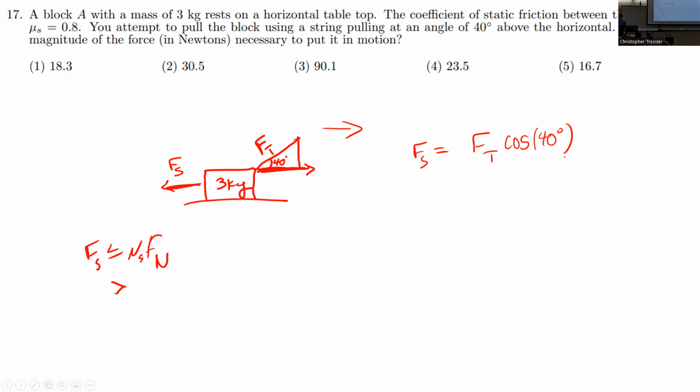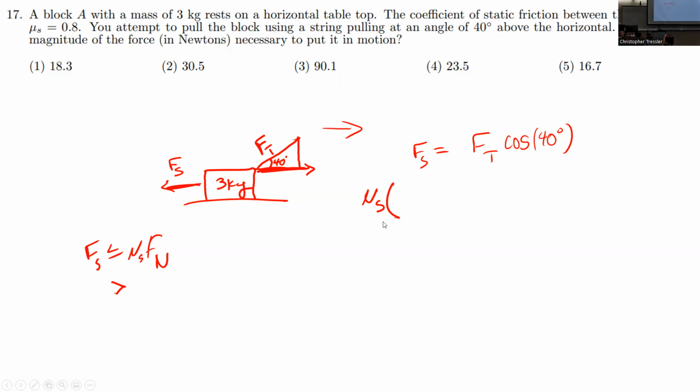Now, we're going to have to find this FS, right? In order to find FS, we plug this in right here. We're going to say mu S. Now, what's the normal force? This is the tricky part. It's not just mg.